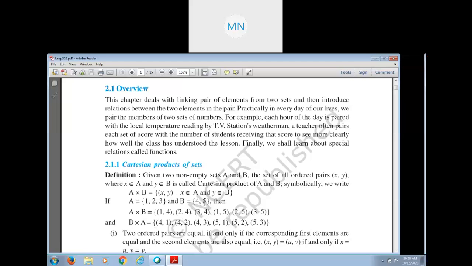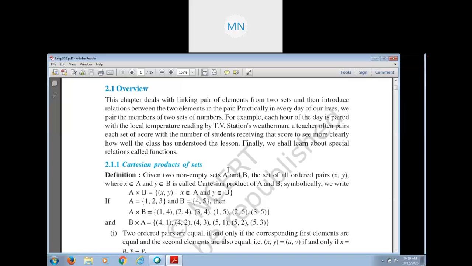After that, we take 5, so it comes as (5,1), (5,2) and (5,3). From this, A cross B does not equal B cross A. So what can we say from this? Commutative law does not hold for Cartesian product.